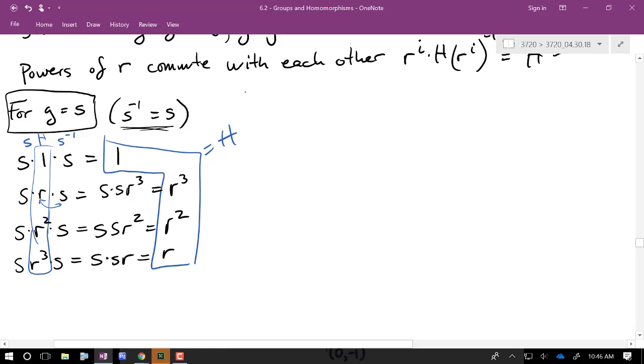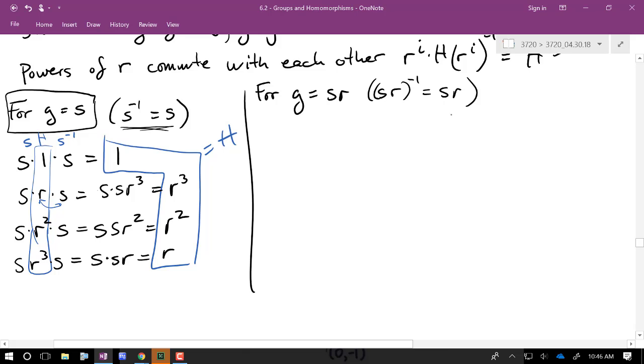So now let's try if G is equal to S times R. And we'll note that the inverse of SR is SR. We observed that in the example above. I'm going to skip the identity element because if the identity commutes with everything, that's not really worth checking. You could check it on your own if you wish, but I'll check the other 3 elements.